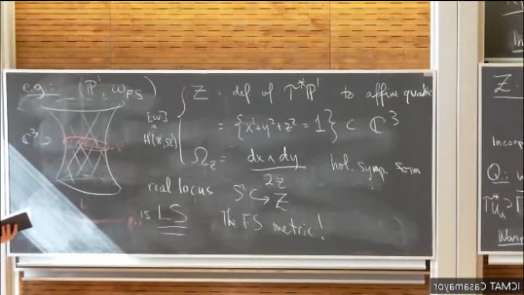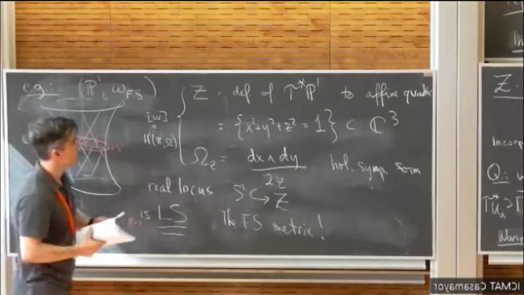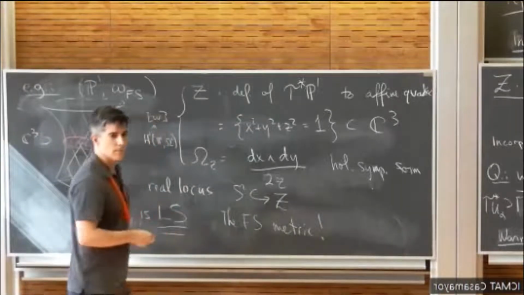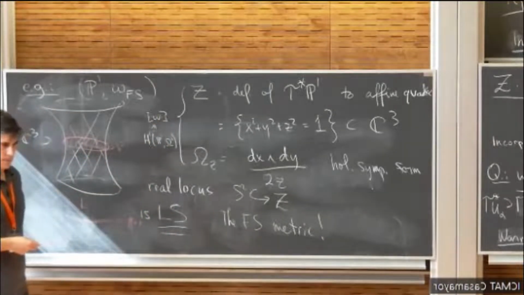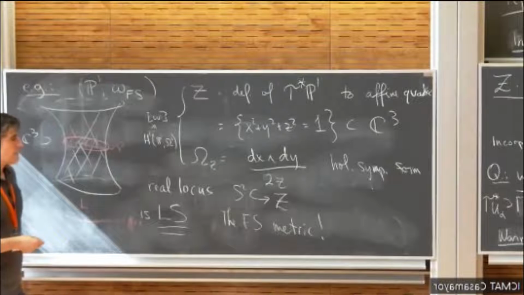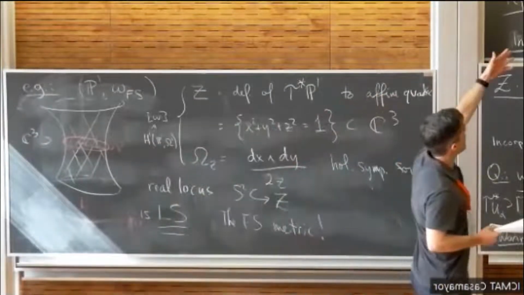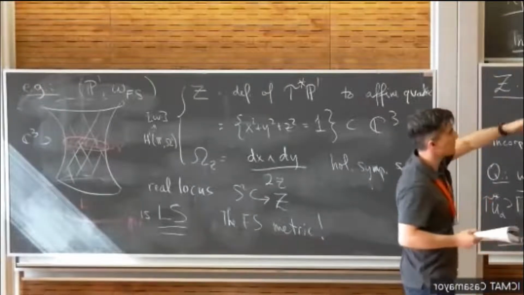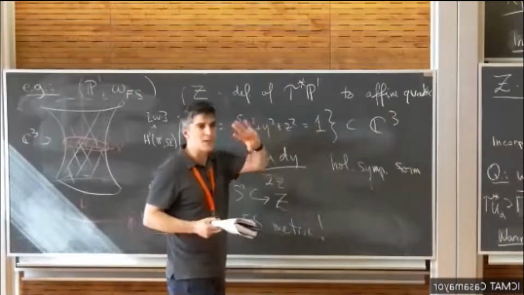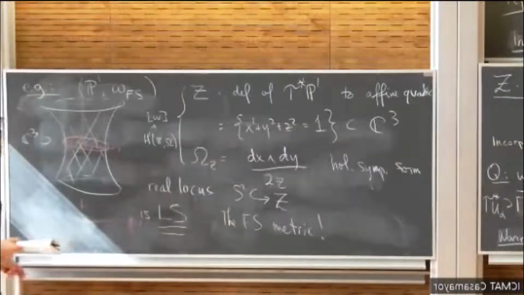Can I ask a question? When you refer to L, you said a real submanifold, and I was going to ask you, is it a real submanifold in the sense that it's a fixed point of a conjugation? Always? Not necessarily, no. In fact, the Z space doesn't necessarily have these additional symmetries like a real structure or anything like that.